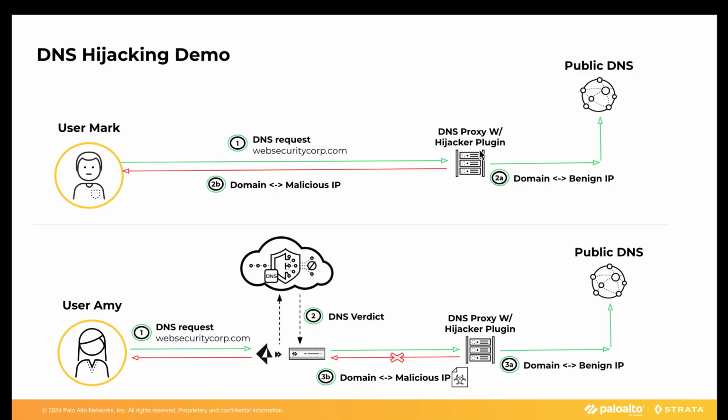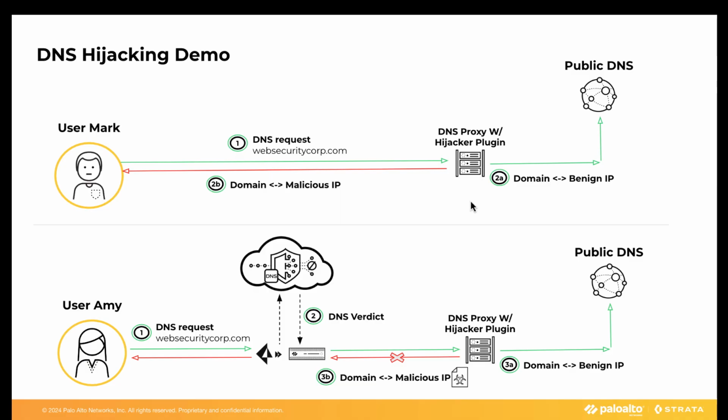But if the hijacker plugin is running, then it mimics the hijacking scenario and maps the domain websecuritycorp.com to a malicious IP address, and then that response is sent back to the client.